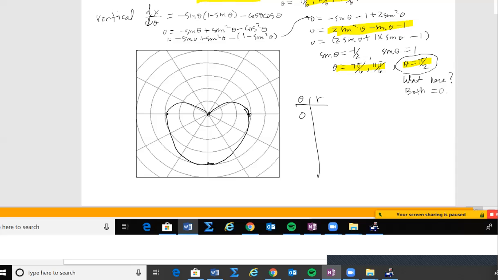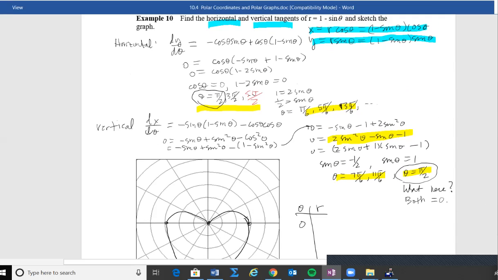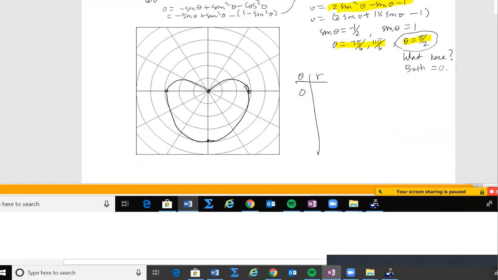I put 0. Remember, our curve is r equals 1 minus sine theta. So you can see when theta is 0, we get a 1. So we're out here. Okay, maybe pi over 4. You have 1 minus root 2 over 2, which is about 0.3 roughly.